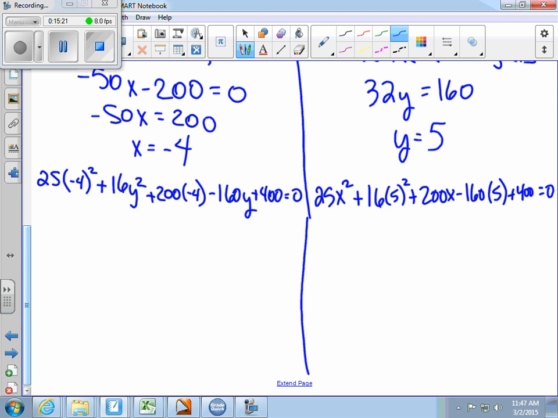It's 16 times 25 is 400. Is that right? Minus 800, which works out quite nice because the 400, the 800, and the 400 cancel, and I can factor out a 16y.